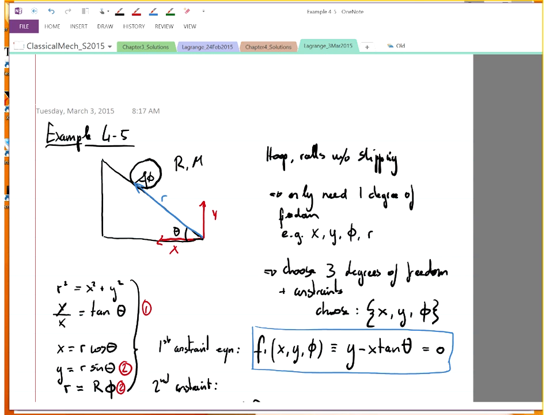Instead of calling it y_CM, I'm just going to call it y, because that's the name of our degree of freedom. That's technically a little bit wrong, because the way I've drawn my coordinate system, the y refers to the point of contact here. That's the y position, but the center of mass is offset by some small height d.